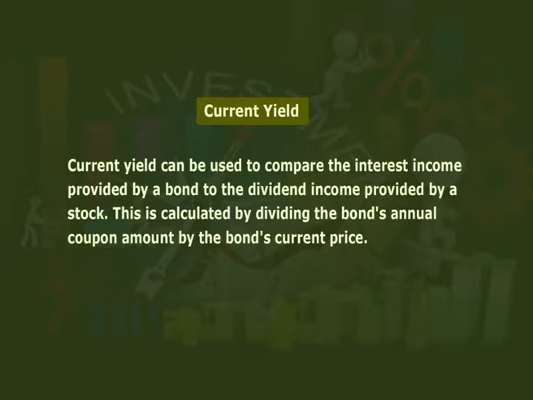This is calculated by dividing the bond's annual coupon amount by the bond's current price. Keep in mind that this yield incorporates only the income proportion of return, ignoring possible capital gains or losses. As such, this yield is most useful for investors concerned with current income only.